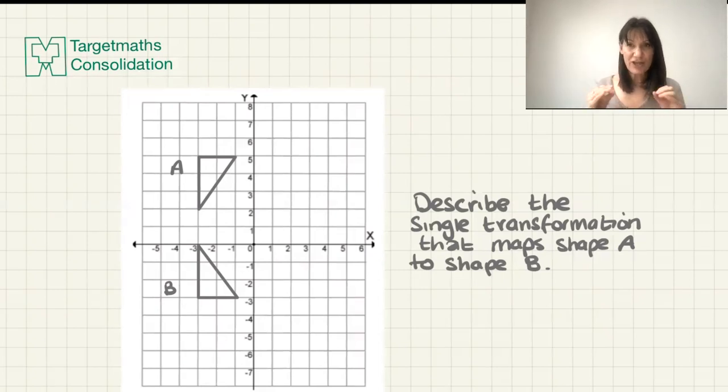Okay, so these types of questions are like backwards questions. If you had been asked to do the reflection, there would have been a question saying, reflect this shape in the line, whatever. So when you're being asked to describe it, you are being asked basically to reproduce what that original question must have been.